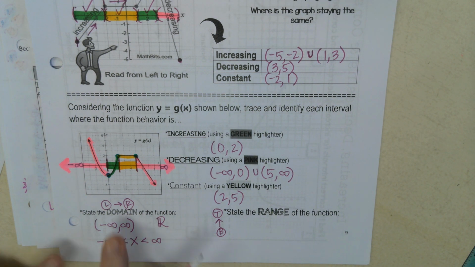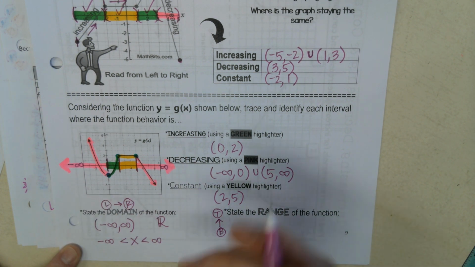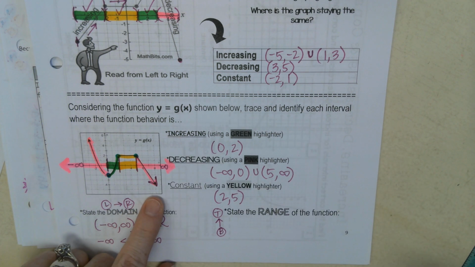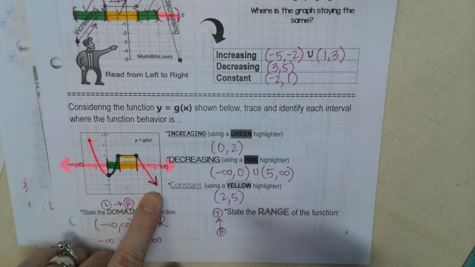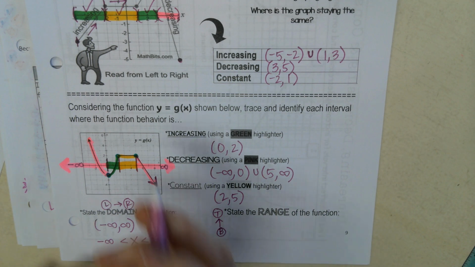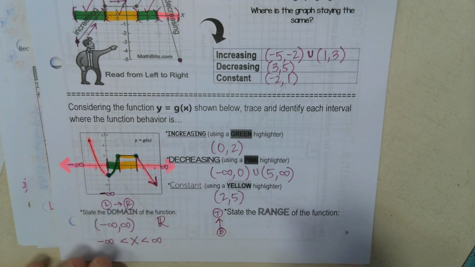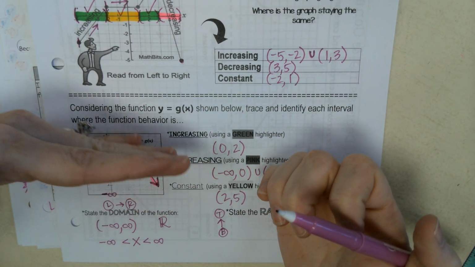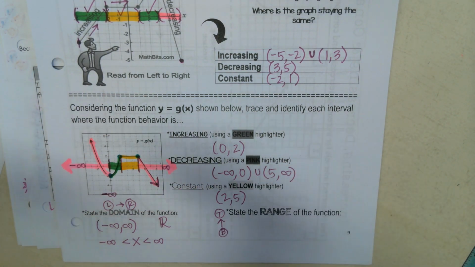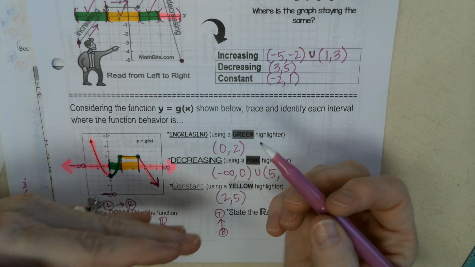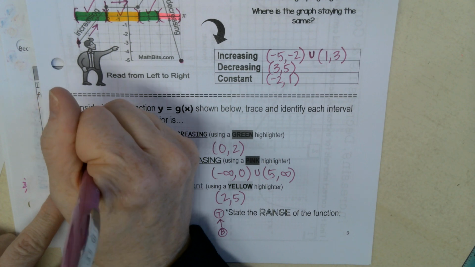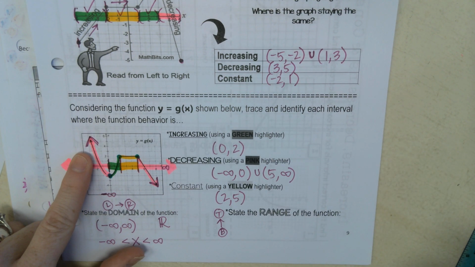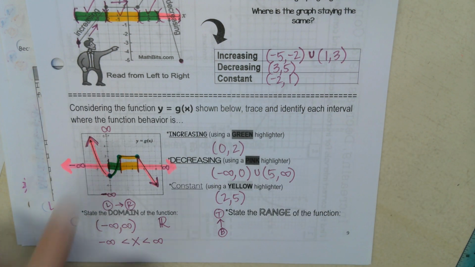Now, I don't see anything right here, but I've got this arrow. What does that arrow tell me? Infinitely down. It keeps going down, okay? So this graph, I've got a negative infinity right here. And everywhere I go, remember, there's no holes in this graph, and there's no split where I have to pick up my pencil and go somewhere else to keep drawing it. All of these y values are covered. And then I've also got this arrow right here, which tells me that it's going to continue moving up.